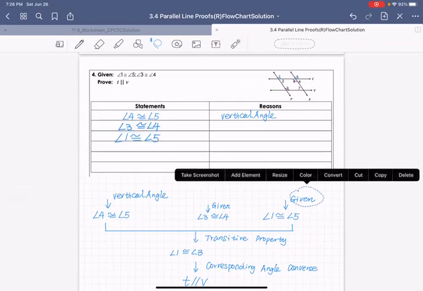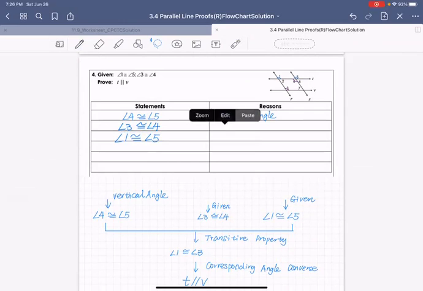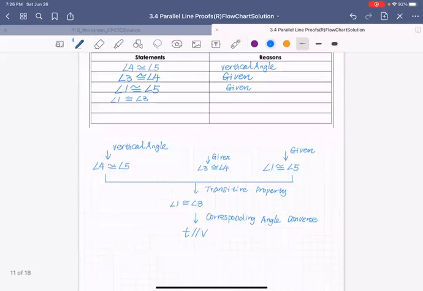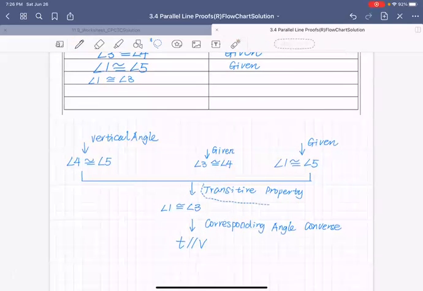We copy these two reasons here because they are all given. That gives us these two congruent. These two equal. And this will equal. So angle 1 is congruent to angle 3. That is because of transitive property.